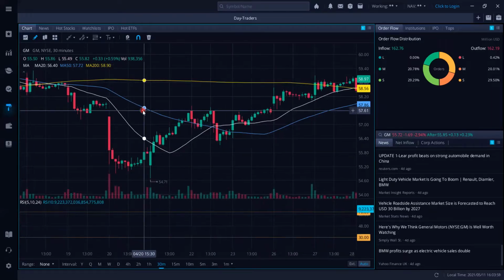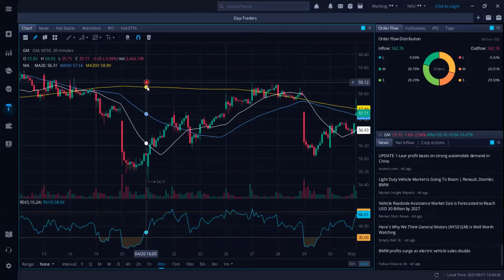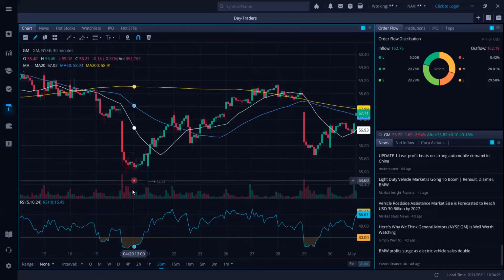So this is one of those times where you look at the distance between here and here. You see that? For the record, when this happens, this normally happens. You see this one? It's just a little tiny gap right here, but you got it. Look at that right here. Oversold.